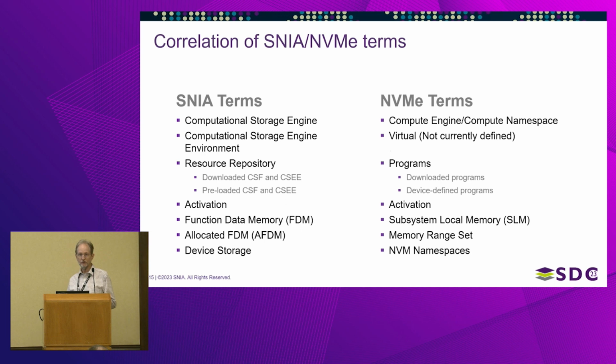Since that doesn't exist in NVMe, there isn't an equivalent for that particular activation, but the term activation is used the same. In SNIA, we have the function data memory, as Jason said. This is where all of your data is that you're able to operate on. In NVMe, we have the same concept. It's called subsystem local memory.